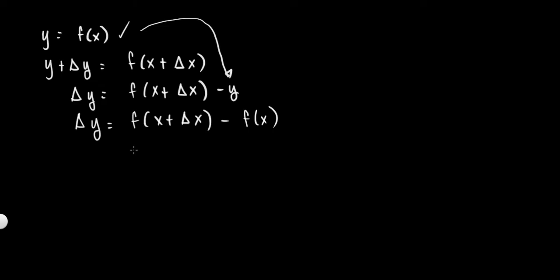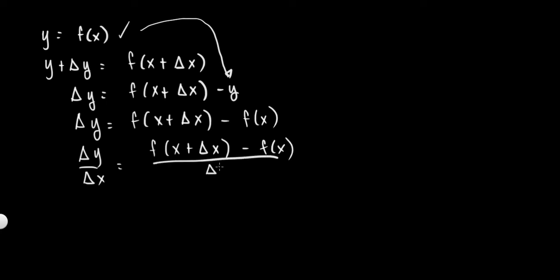Okay? Then we divide everything by delta x. So we have delta y over delta x is equal to f of x plus delta x minus f of x all over delta x. Okay?